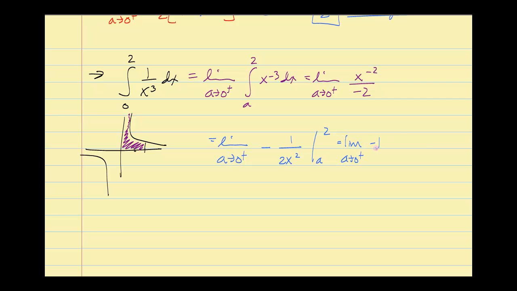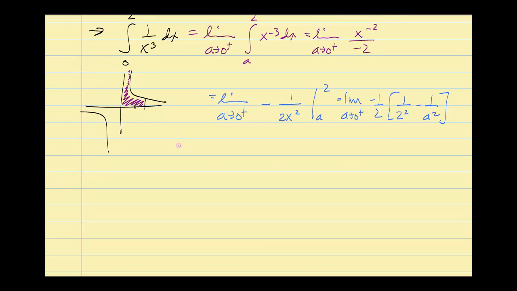So I'm going to go ahead and factor out a negative 1/2, and I'm left with 1 over x squared, which would be 1 over 2 squared minus 1 over a squared when I evaluate with my limits of integration. So limit as a approaches 0 from the right, negative 1/2 out front. Here I'm left with 1/4.